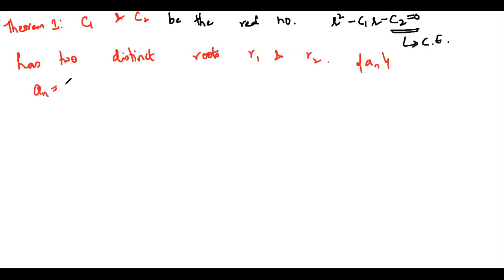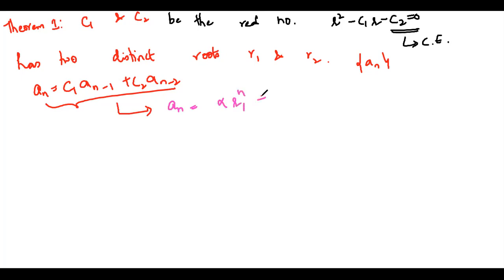If we have two roots, then we will get two previous terms: C1 a n minus 1 plus C2 a n minus 2, if and only if the solution for this sequence is given as an is equal to alpha r1 power n plus beta r2 power n, for n is equal to 0, 1, 2 and so on, where alpha and beta are constants.